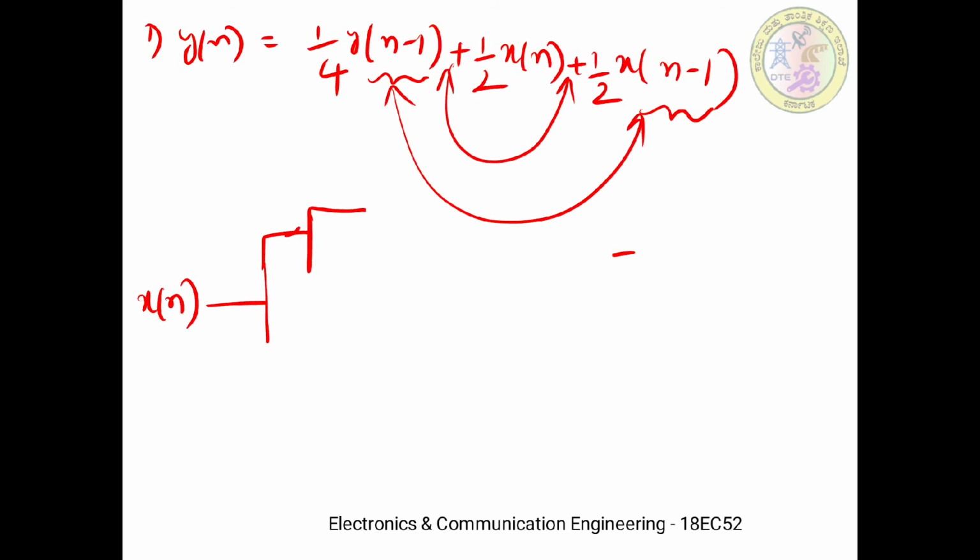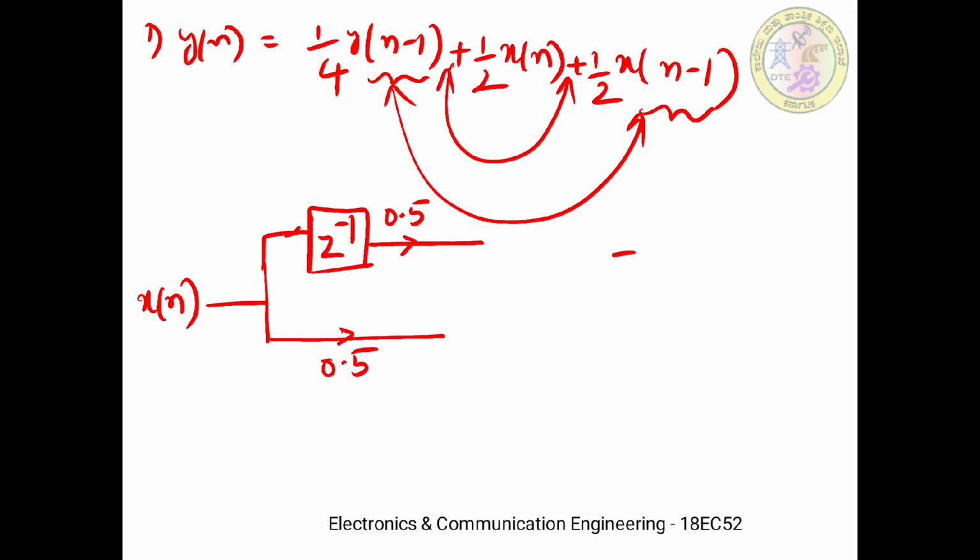In one path I am showing the delay, that is z inverse, and after the delay it will be multiplied by 1 by 2, which I'll simply write as 0.5. The other path is as it is, that is 1 by 2 into x of n, so this path will be simply multiplied by 0.5.